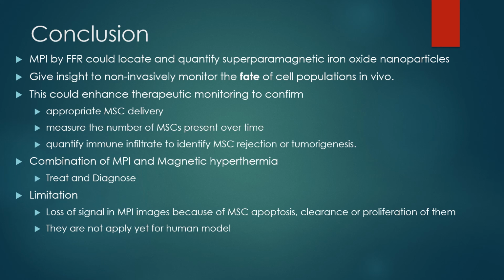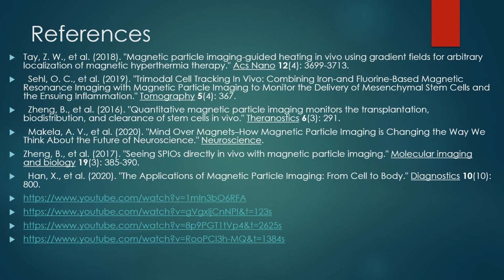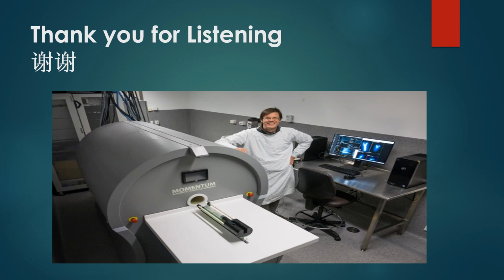And the combination of MPI with magnetic hyperthermia not only results in diagnosing the cancer, but also lets us treat it. The limitation of this method is loss of signal in MPI images because of MSC apoptosis, clearance, or proliferation. Also, this application has not yet been applied to a human model. And these are the references, and thank you for listening.